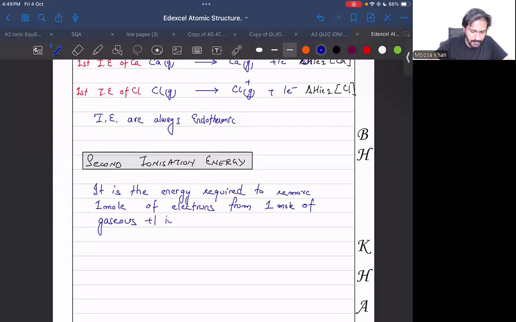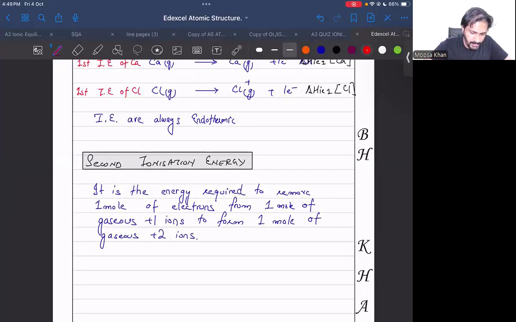So now if you're going to remove the second mole of electrons, that would be from the gaseous positive 1 ion. So it is the energy required to remove 1 mole of electrons from 1 mole of gaseous positive 1 ions to form 1 mole of gaseous positive 2 ions.